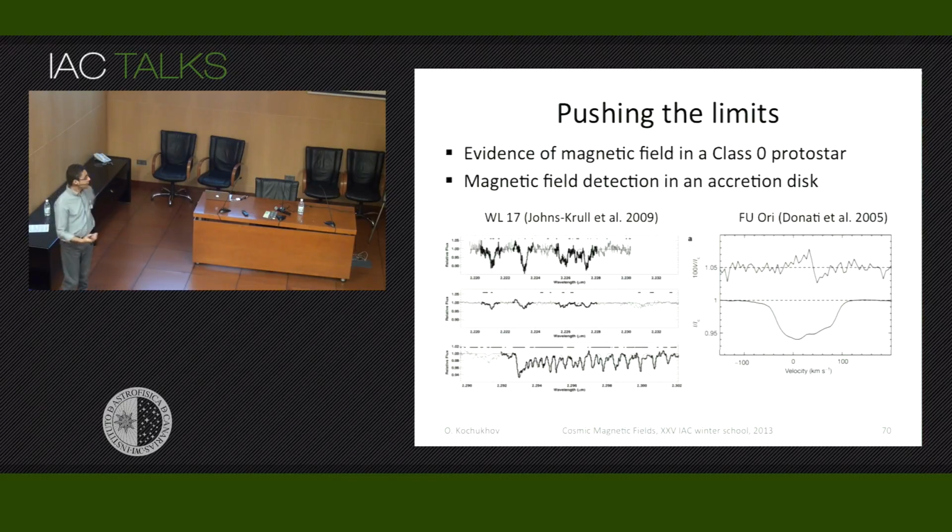T Tauri stars are so-called class 1 young objects, stars which are already seen. They are not obscured very much, and they have a disk, and one can try to check what's going on even earlier in the partially obscured class 0 objects. And there has been one report of detecting a magnetic field in one of those stars.